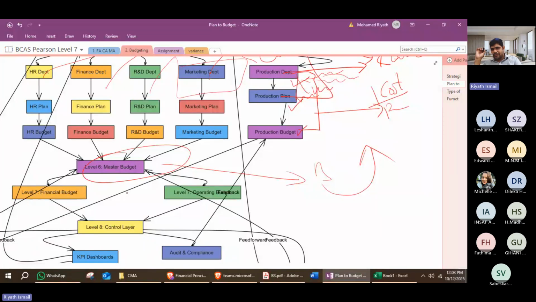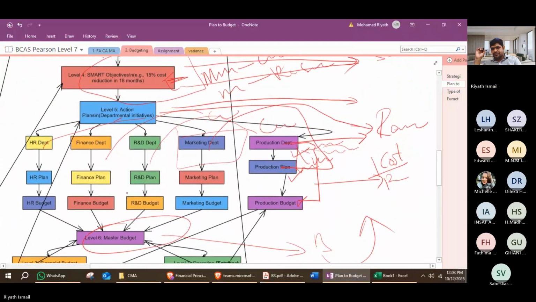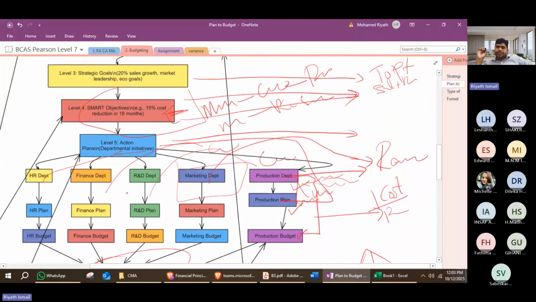Profit center, revenue center, cost center, revenue center, profit center, and investment center. Investment center is always at the top. Profit center is in the middle. Profit center maintains the cost center and the revenue center.